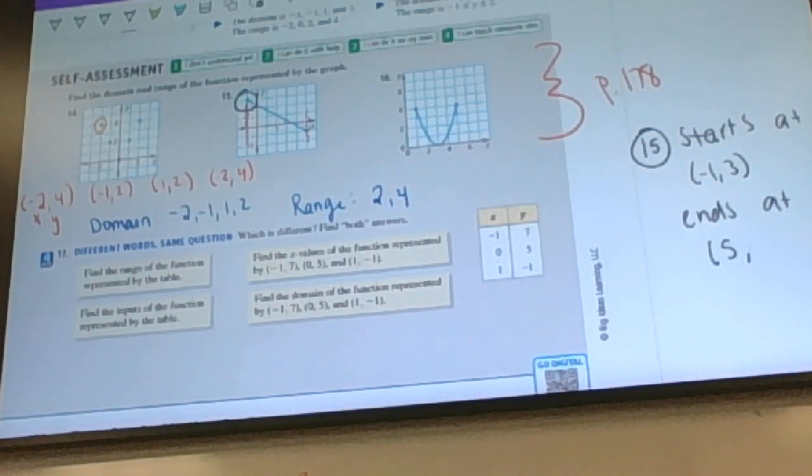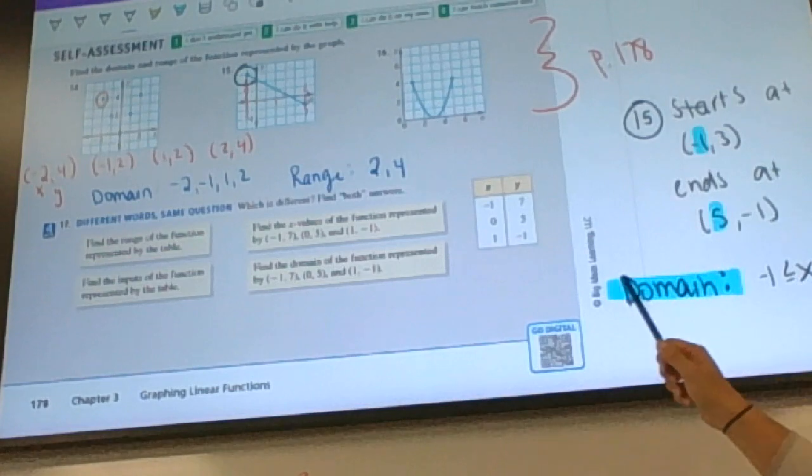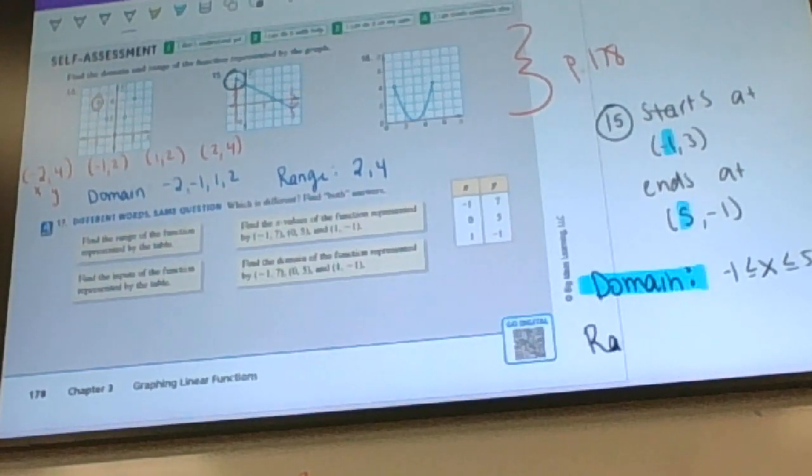It is at 5, -1. So the domain is the x. So for domain, I will just do the x values. That means the x is going between -1 and 5. It starts at -1 and it goes through 5. The range goes from, and I'm going to put the smaller number first, -1 to 3.